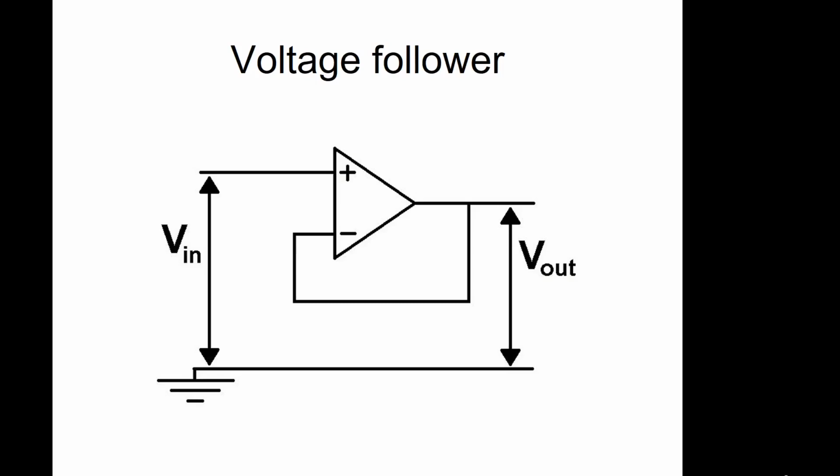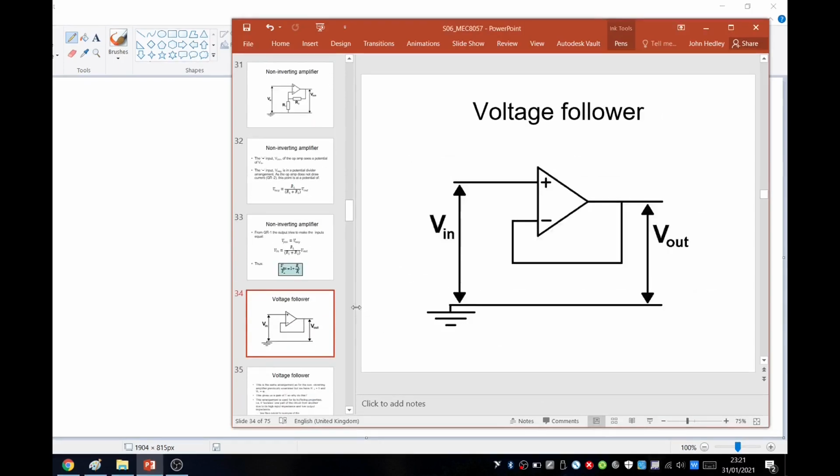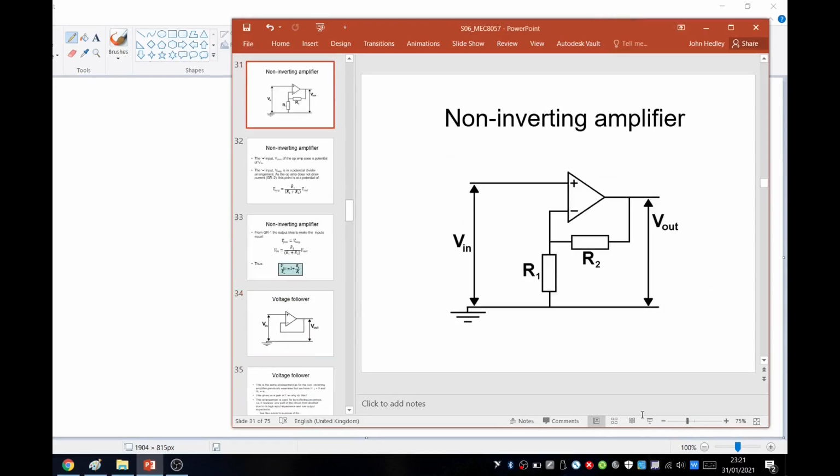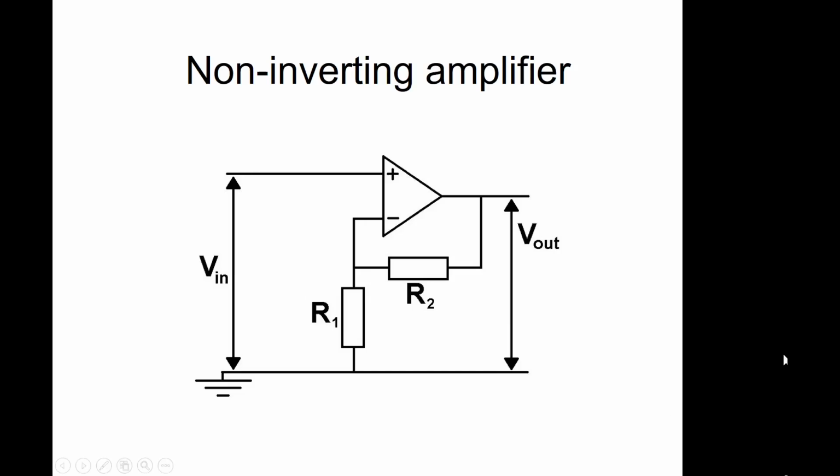This is a special case of the non-inverting amplifier. So again, if I just clean up my diagrams. If you imagine this circuit here, if we make R2 equal to 0, we essentially just put a wire across here.